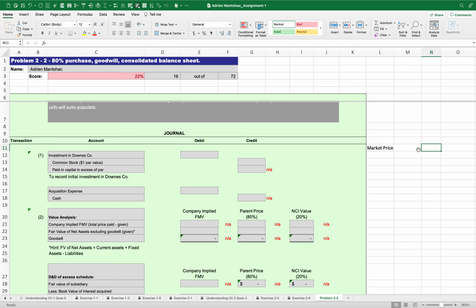So the way I easily break this down is I always start with the market price, and they tell us the market price is 45 bucks there. We are also given the amount of par value, which is $1, and so the additional paid in capital, or capital paid in excess of par, is the difference between the two, right?